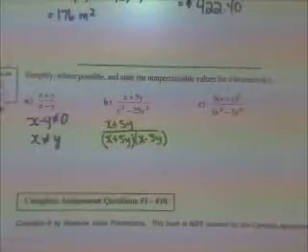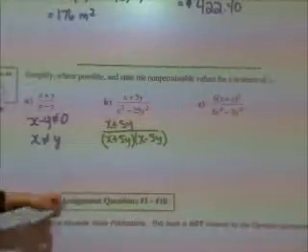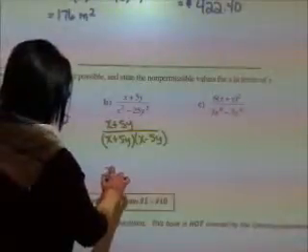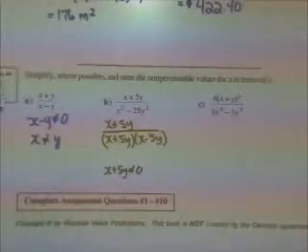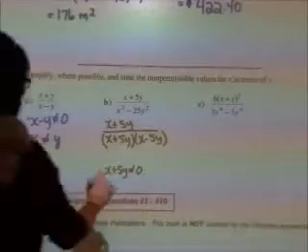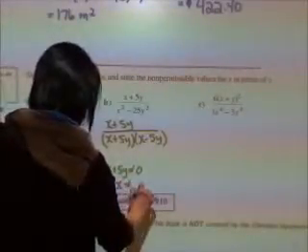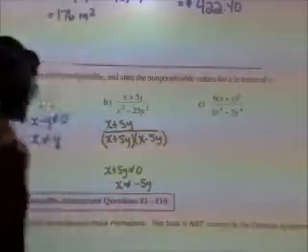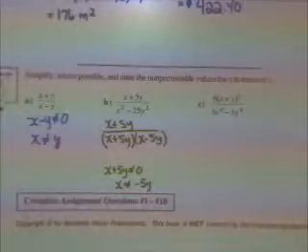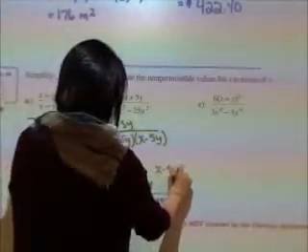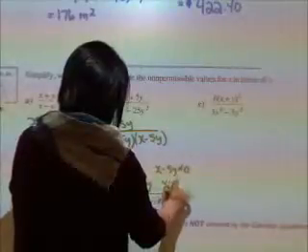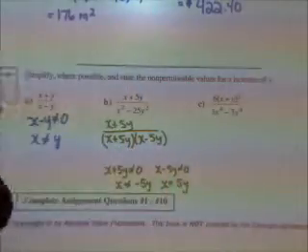And then I have to state my restrictions on the variable. So the restrictions on the variable is that x plus 5y cannot equal 0. So in terms of x, it means that x cannot equal negative 5y. And then I do the same thing with my x minus 5y, and I get that x can't equal positive 5y.